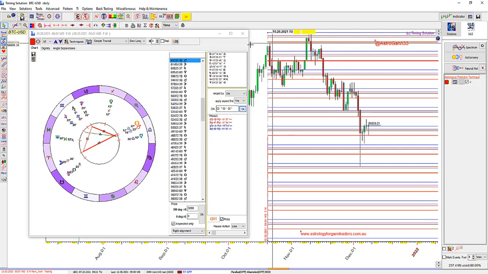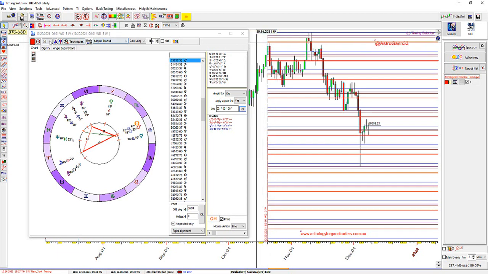This little tool also puts the planetary price lines in for you. That red and orange line is saying the high price was actually conjunct the sun and Mars. So you can see that line.